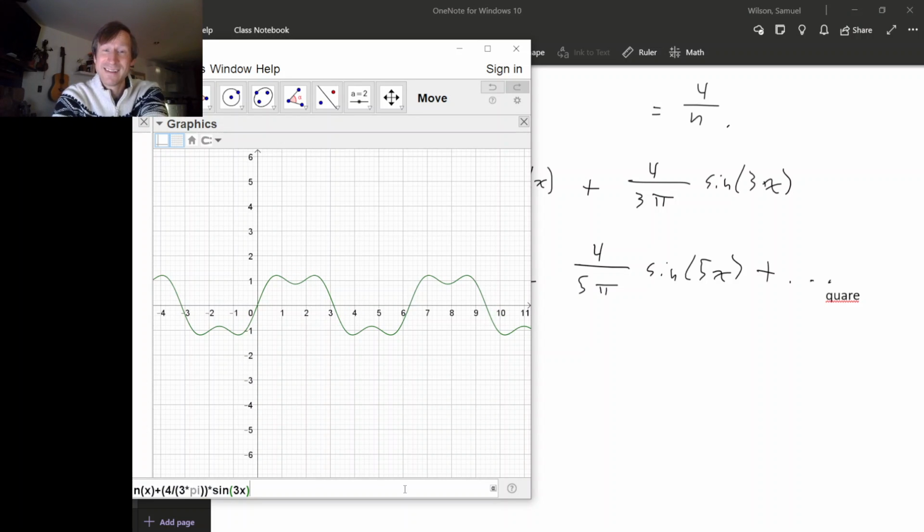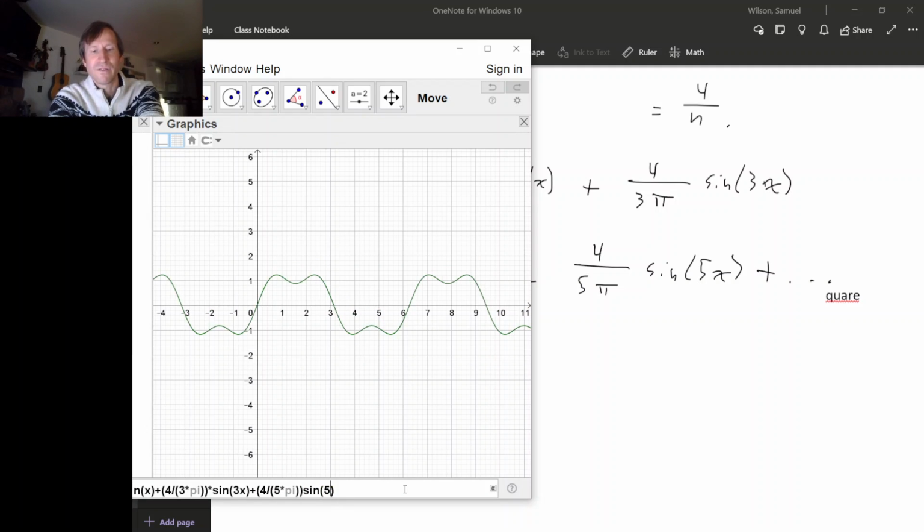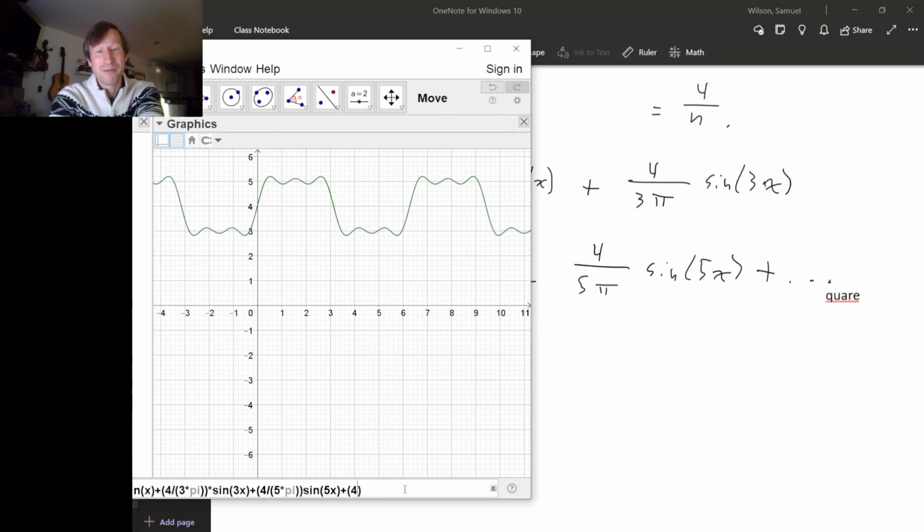Now that is starting to look flatter at the top and at the bottom. Okay, so let's do a couple more terms. Plus 4 over 5 times pi times sine of 5x. You can see the more terms we add, the flatter the tops and the bottoms get.